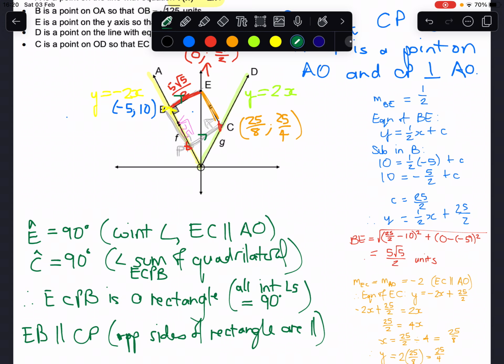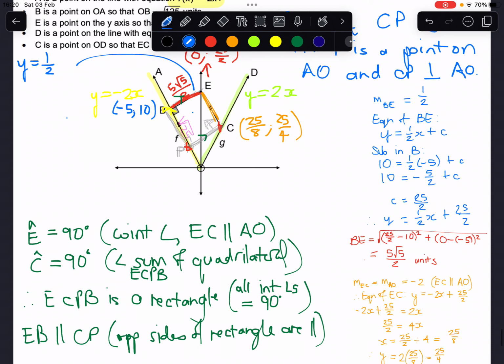Oh, we do. The equation of EB is y equals a half x plus 25 over 2. The most important thing is that we know the gradient is a half.